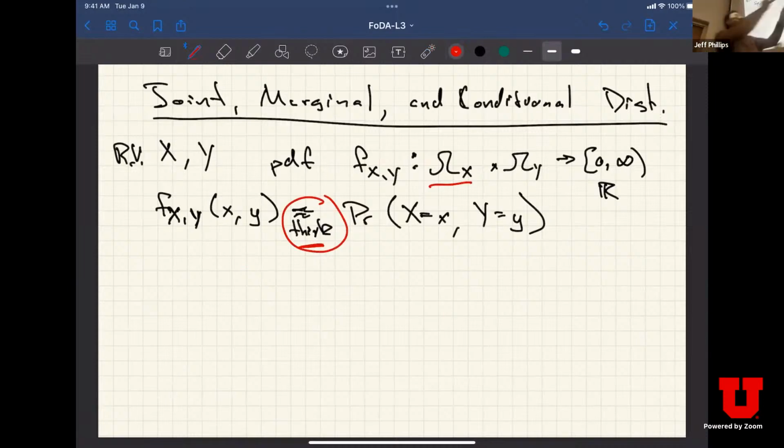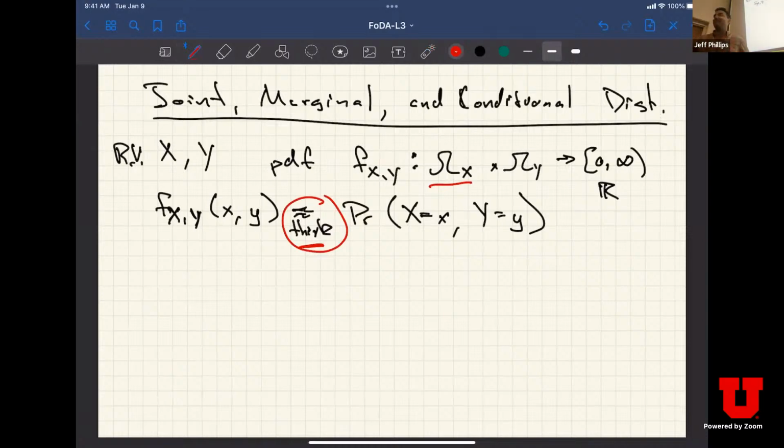I don't have a good mathematical notation for this yet, but we're going to get a notation in the next couple of lectures that will allow us to write something kind of like this, something that it's proportional to, but I'm not going to introduce that yet. So I'm just writing that it's kind of like this. So think of it like a probability, but don't write it that way.